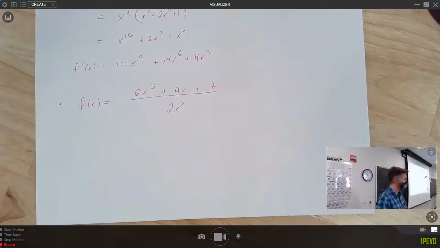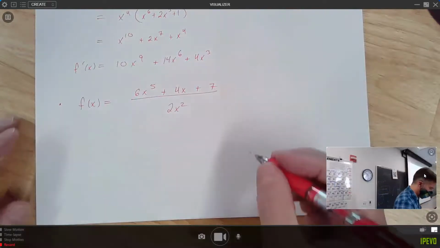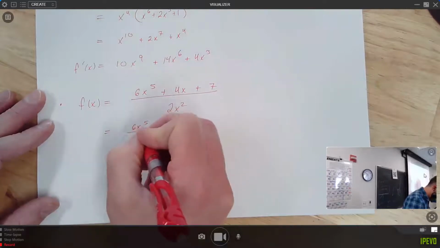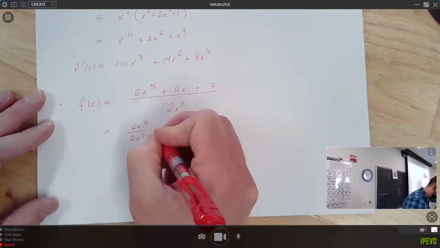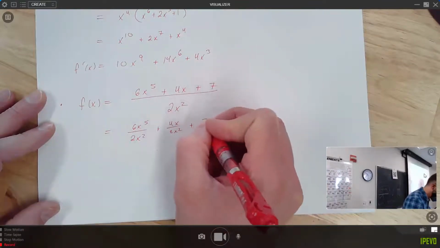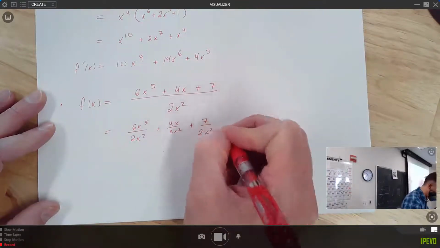Whenever you have a fraction and you've got just one term in the denominator, it's really not terrible to just divide everything by that one term. So I'm going to rewrite this as 6x to the 5th over 2x squared plus 4x over 2x squared plus 7 over 2x squared.